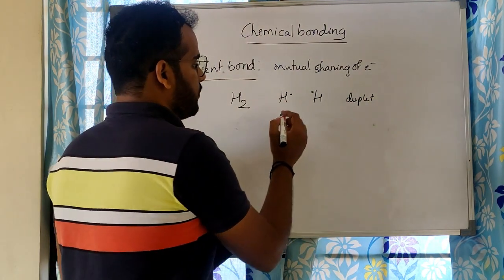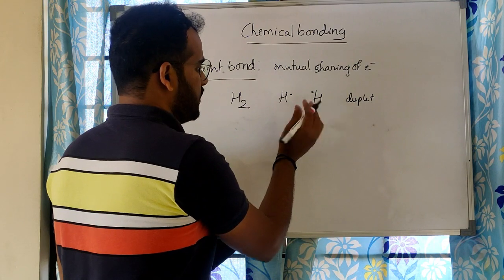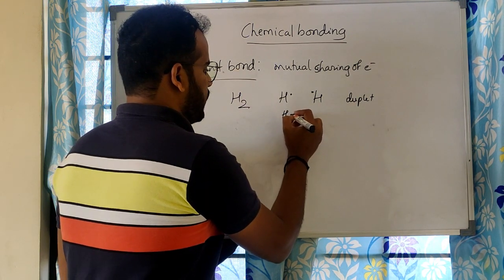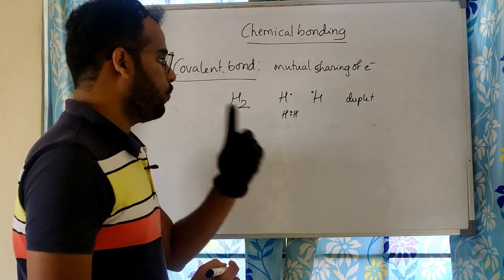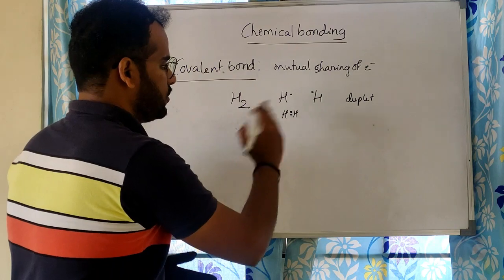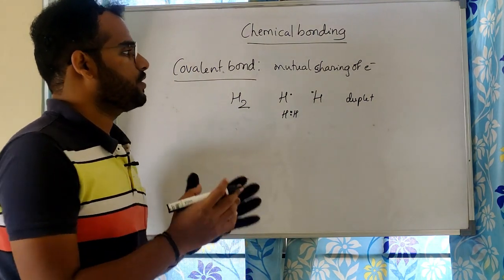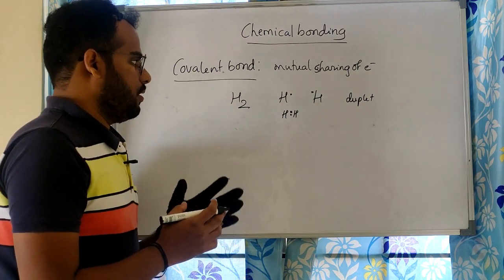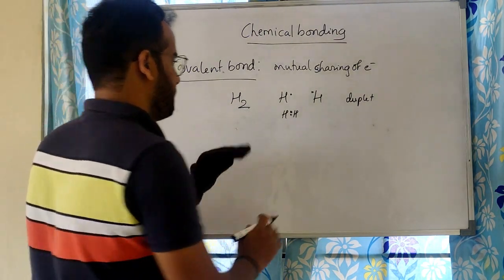Here, this hydrogen will give its 1 electron to this one, and this one will give its 1 electron to the first, meaning they will share 1 electron with each other. So how many electrons are shared? 1 pair of electrons. So mutual sharing, both are sharing. This type of bond, where the mutual sharing of electrons occurs between the two atoms, is called a covalent bond.